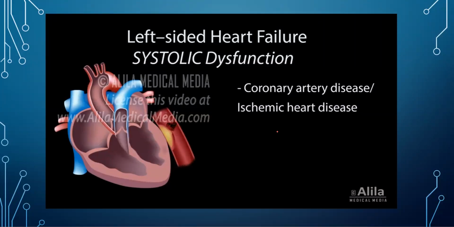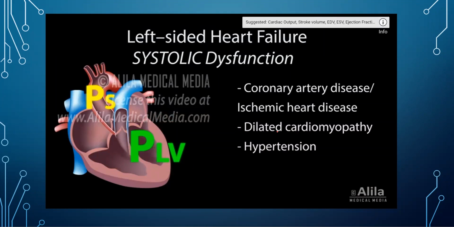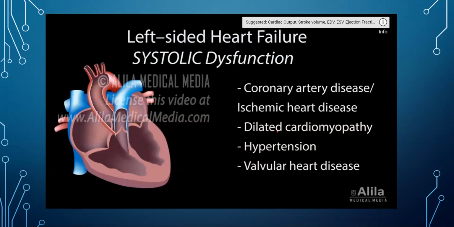Complete blockage can cause heart attacks, which often leave behind non-functional scar tissue. Dilated cardiomyopathy. The ventricular wall is dilated, becomes thin and weak. Hypertension. Higher systemic pressure makes it harder for the ventricle to eject blood. This is because the pressure in the left ventricle must exceed the systemic pressure for the aortic valve to open. Valvular heart disease. Damage to the valves, such as stenosis, also makes it more difficult for the ventricle to pump.